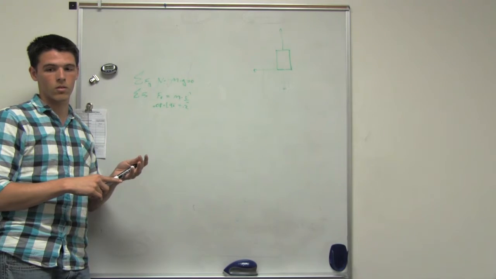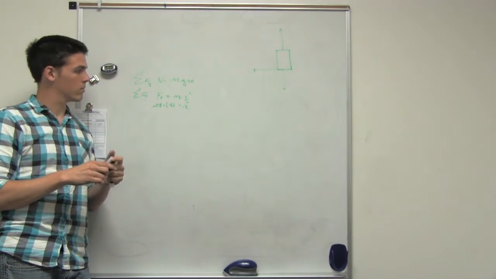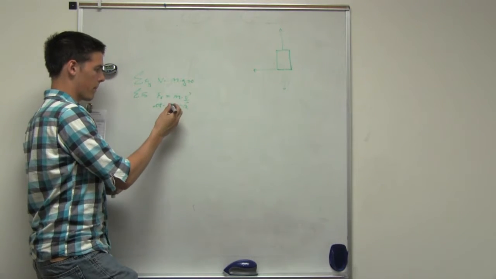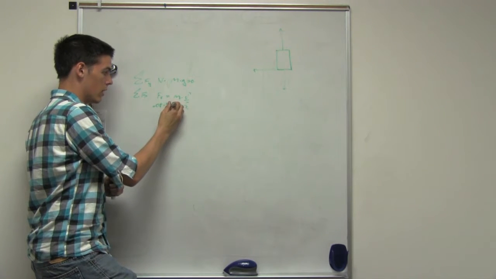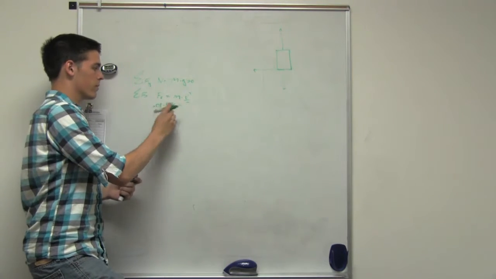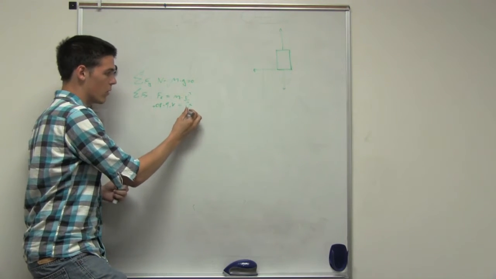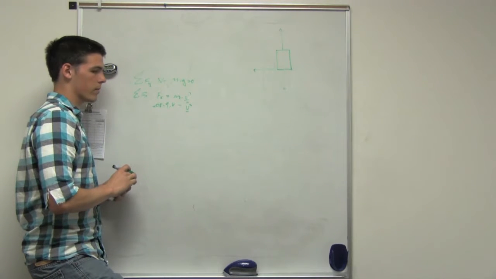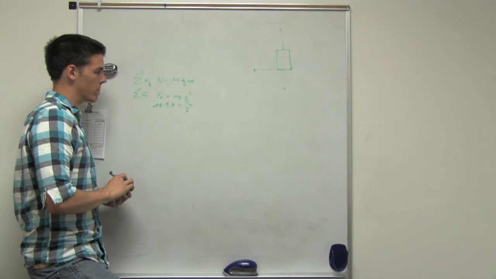So can't we just cancel out the masses now and say it's 0.08 times 9.8? Yeah. And that's equal to velocity squared divided by r? Yeah. What's velocity? I don't know velocity. What's your R? R is 0.15.